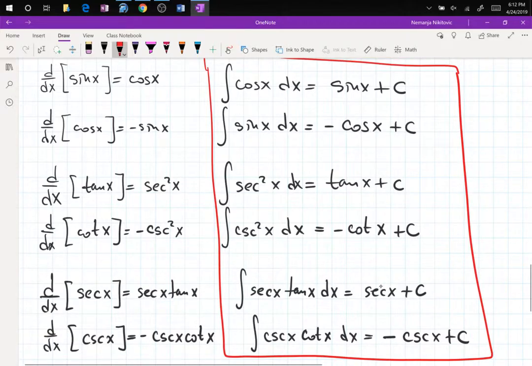Yes, but in Calc 2. All right? So those are not actually basic integrals, and we have to use integration techniques to work those out. The integral of secant x is ln absolute value of secant x plus tangent x. I know, right? So, yeah, welcome to Calc 2. Did I mention that Calc 2 is going to kill you with trig?